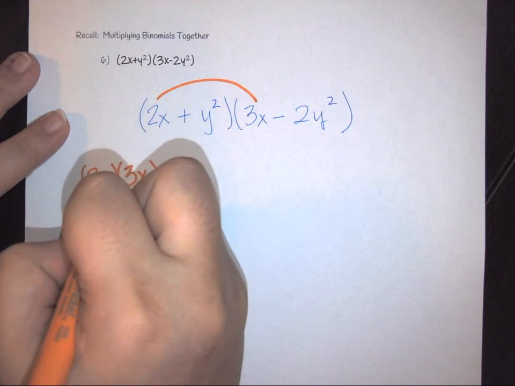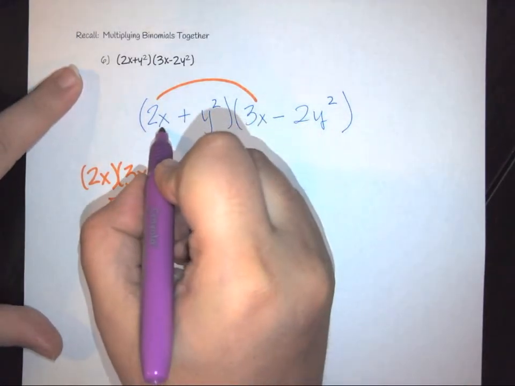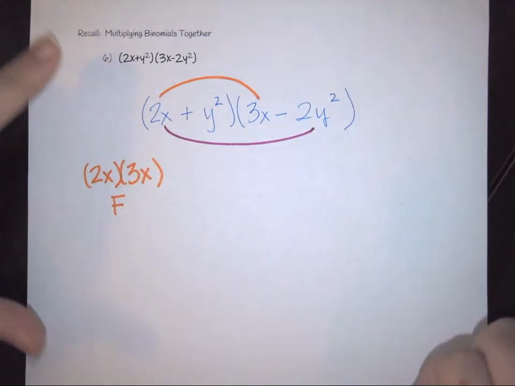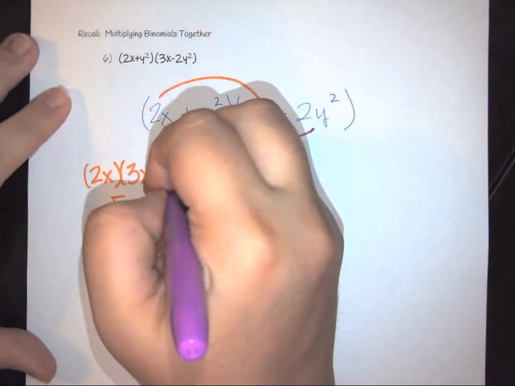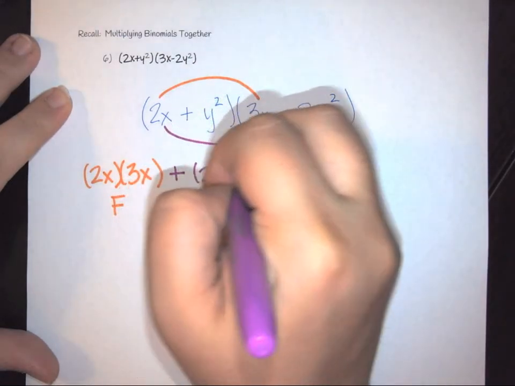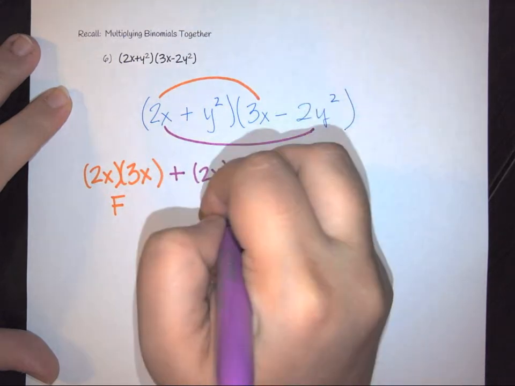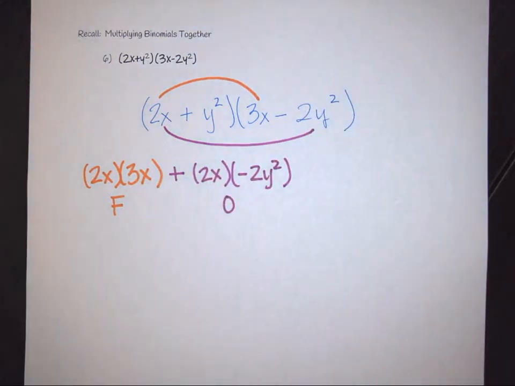When I'm talking about outer, I'm talking about my outermost terms. So that would be the 2x and the negative 2y squared. So I have that 2x times negative 2y squared. This is the outermost terms.